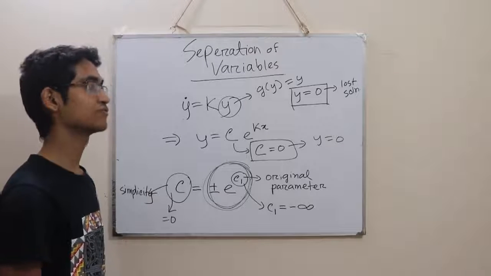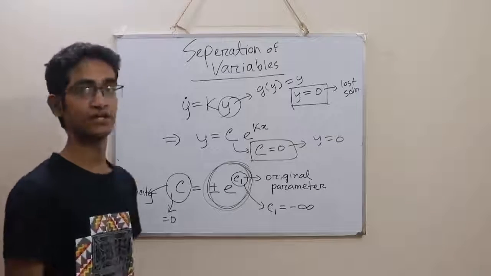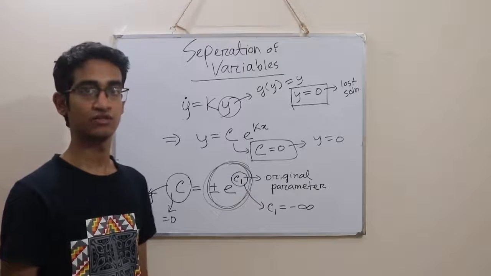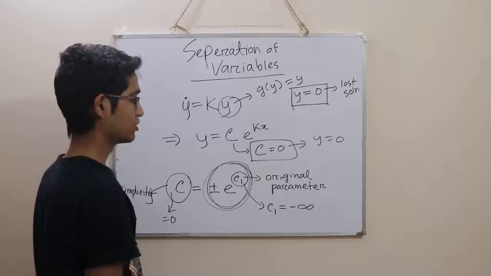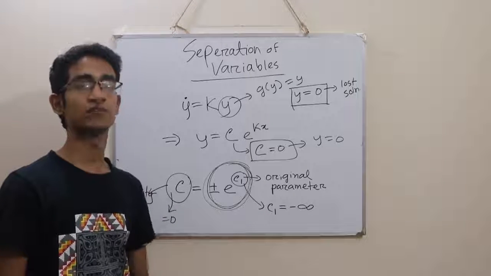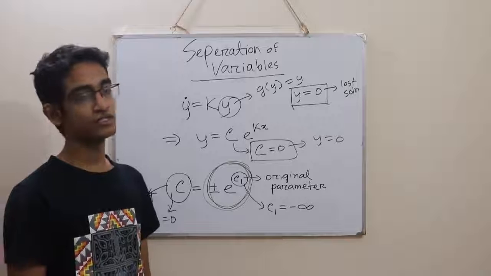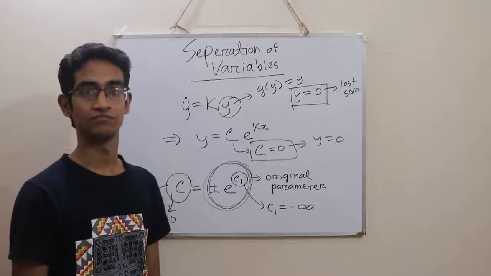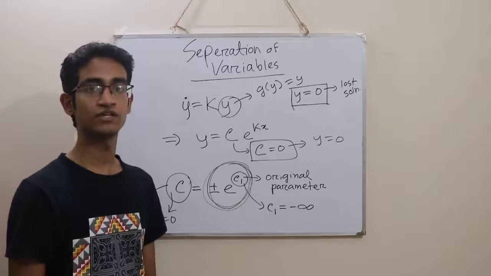Now, as I have mentioned again and again during the last lecture and also in this lecture, setting something to negative infinity is practically impossible. Think of the largest number that you can think of in your head. Is it even close to infinity?